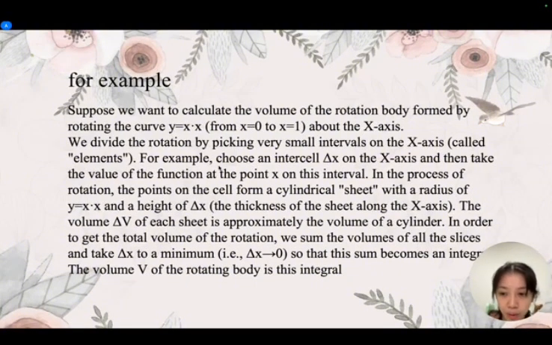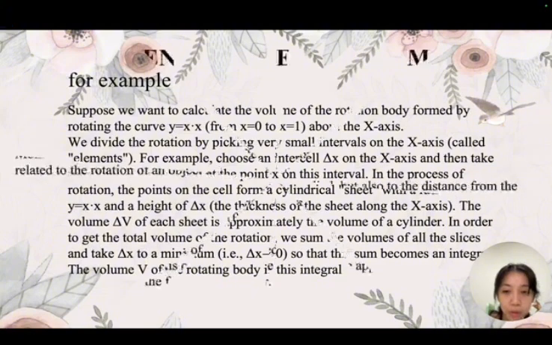The volume of each shell is approximately the volume of a cylinder. To get the total volume of the rotation, we sum the volumes of all the shells and take delta x to zero, so that the sum becomes an integral. The volume V of the rotation body is this integral.